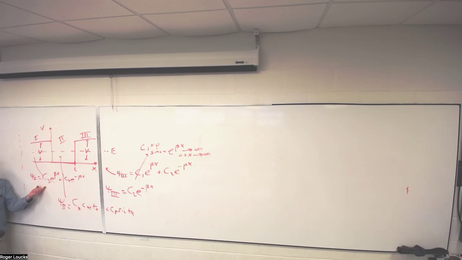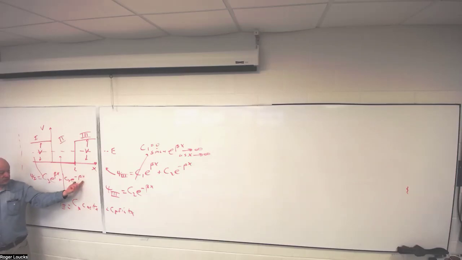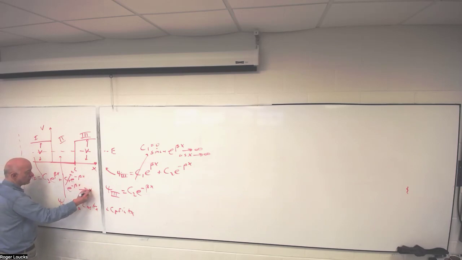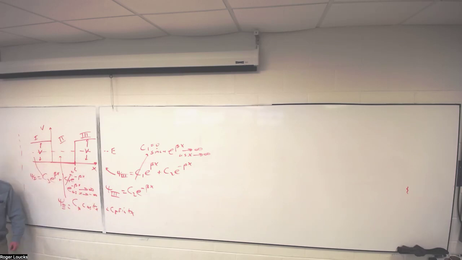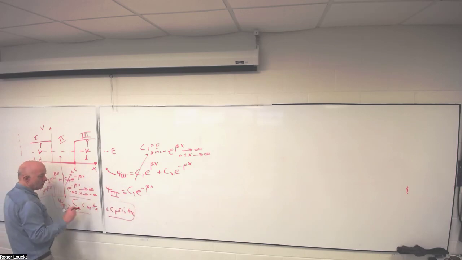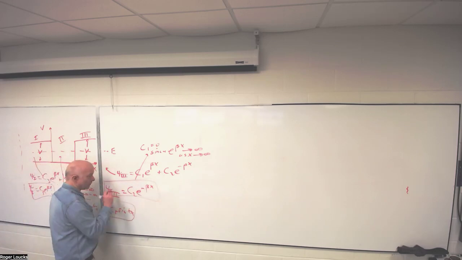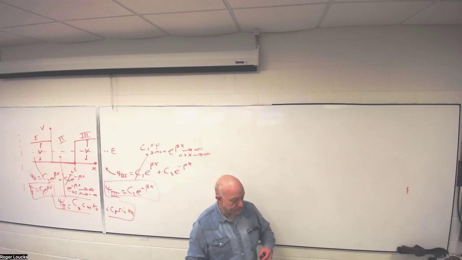Because the beta is still positive, but in this region here, x is negative. What happens here is that C4 has to be 0, since e to the minus beta x goes off to infinity as x goes to minus infinity. That makes sense? So we had this function here, then we had this one. Okay, so everyone happy with that?